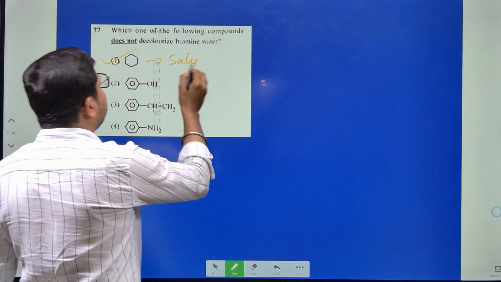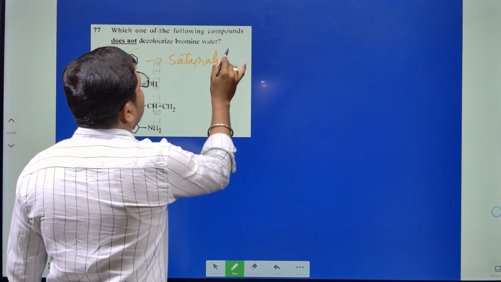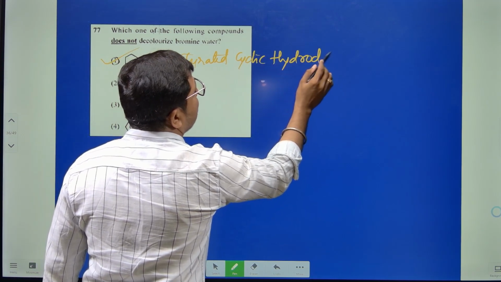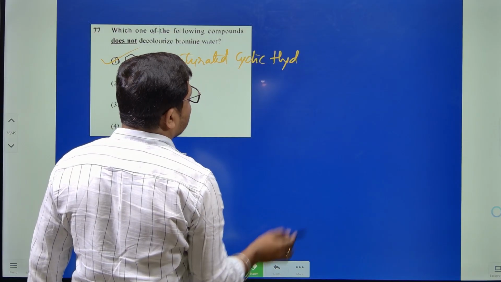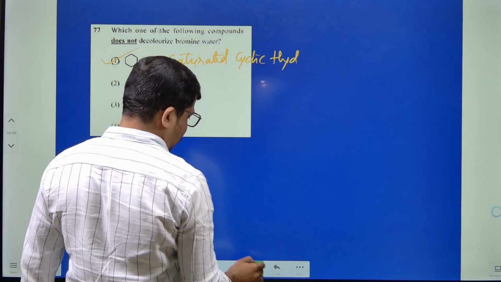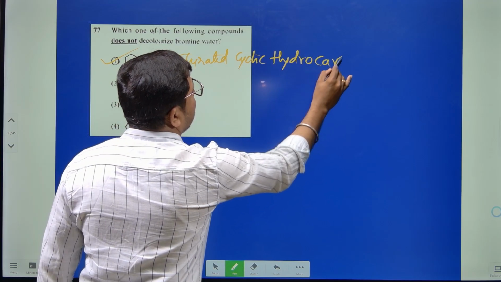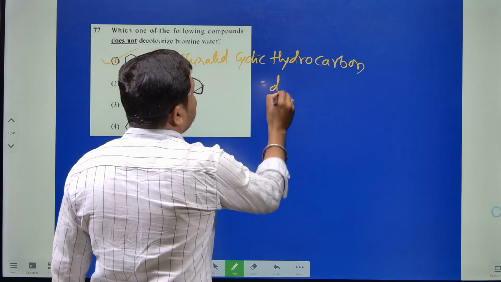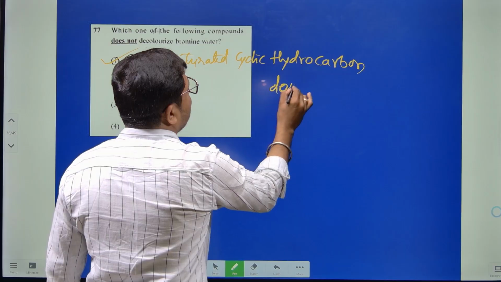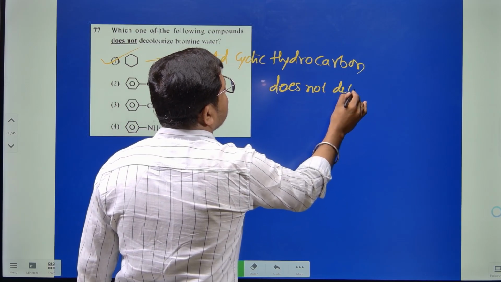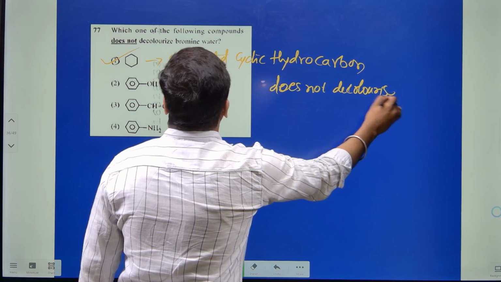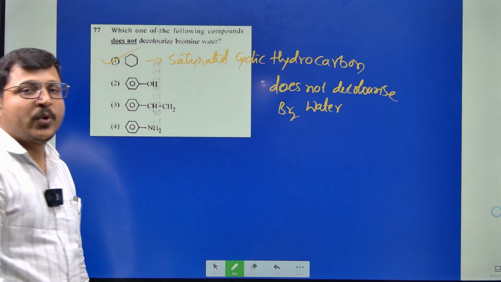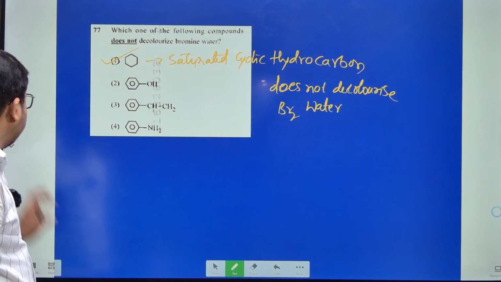This is a saturated cyclic hydrocarbon, hence it does not decolorize bromine water. Therefore, the right option is option number 1.